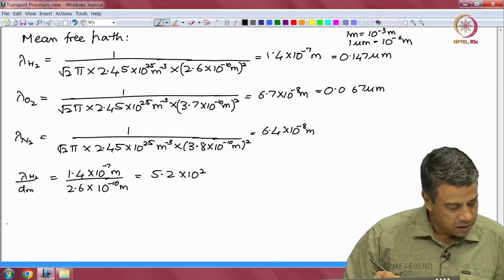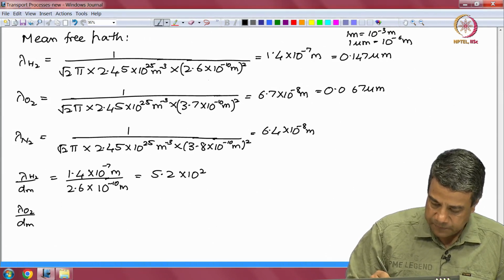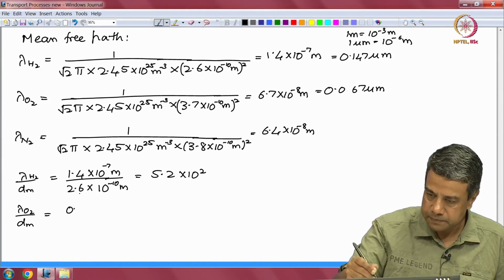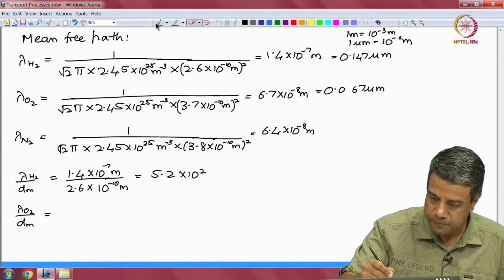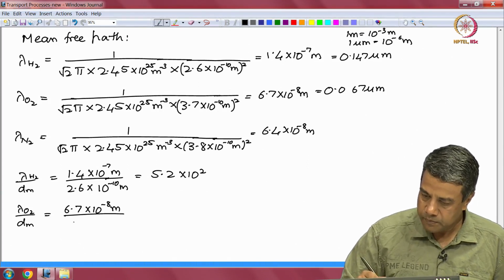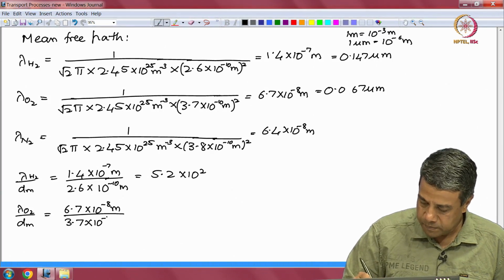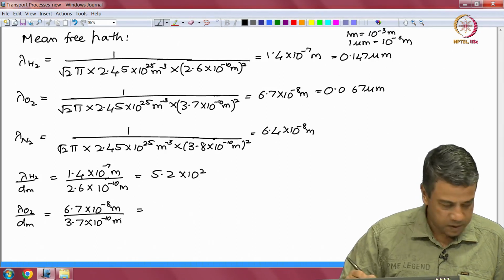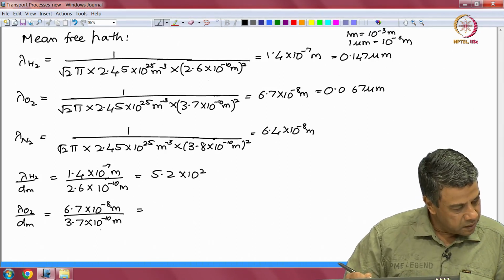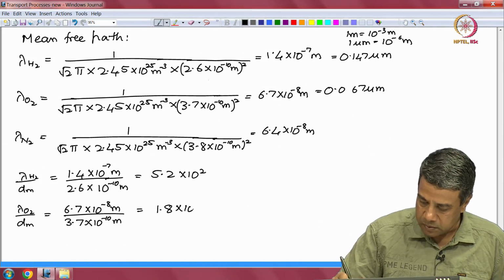Similarly, lambda of oxygen by the molecular diameter is approximately 1.8 into 10 power 2.